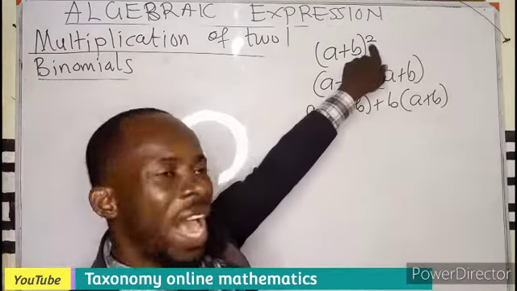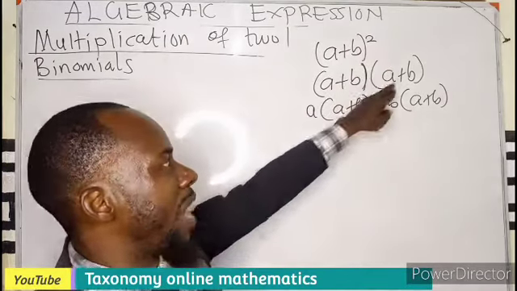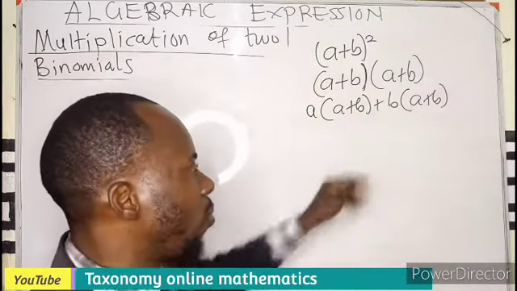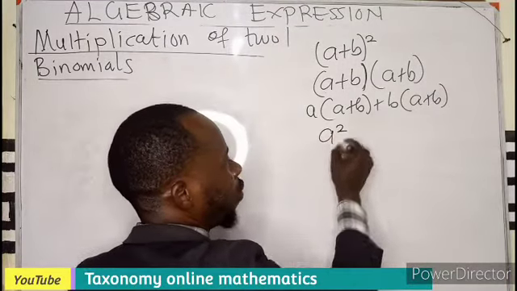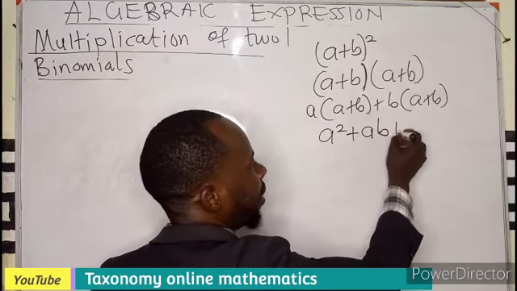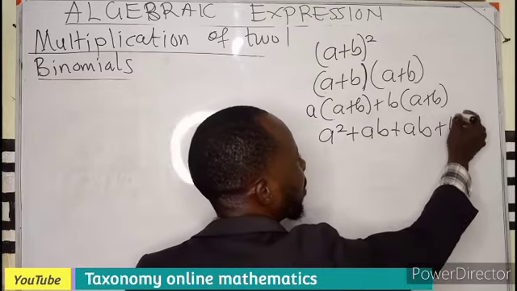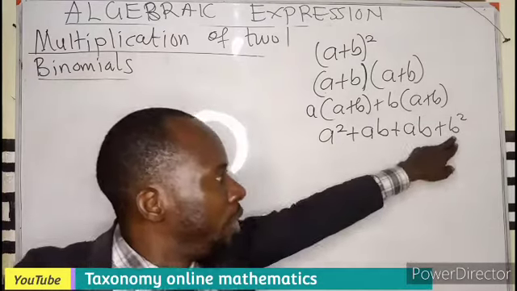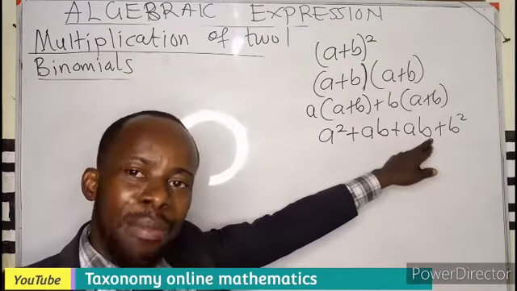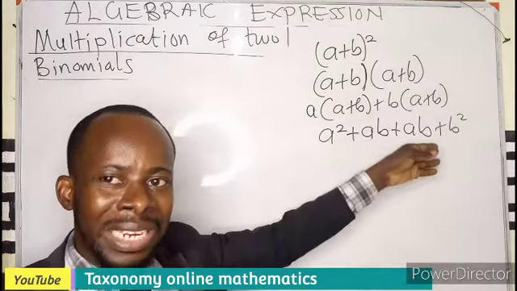Even though it was squared in the beginning, we can rewrite that as a product of two brackets. So this will multiply to give us a squared. This and this give us what? ab. b times b is b squared. Then a squared, but these are like terms, ab and ab.